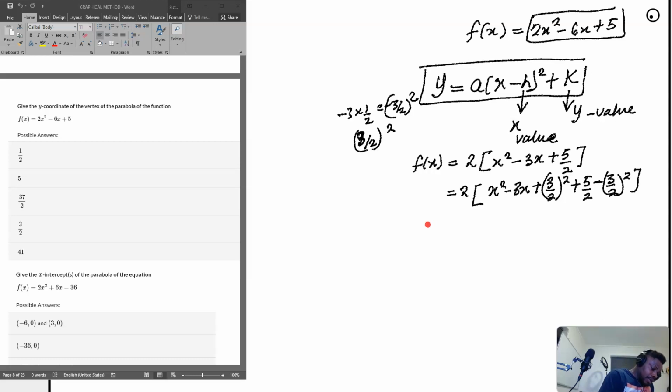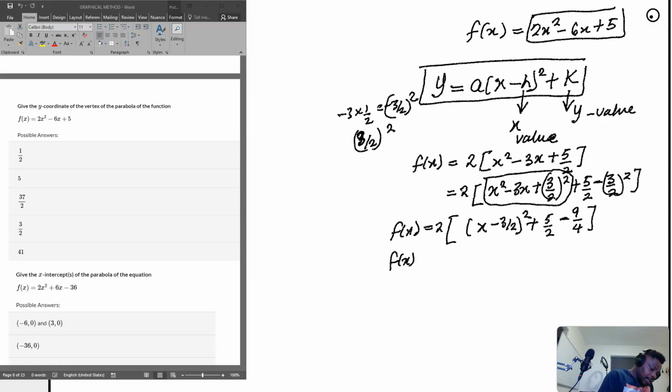So f of x is equal to 2 bracket x minus 3 over 2 all squared, that is for this one, then plus 5 over 2 minus 9 over 4.